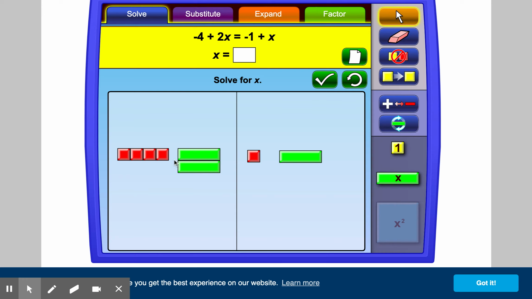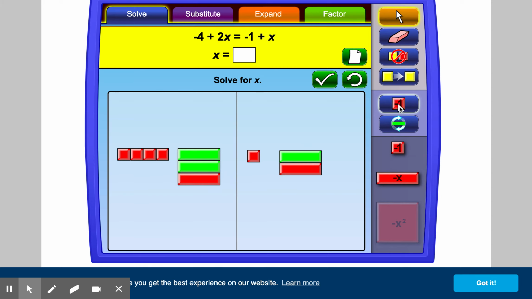I'm going to get my x's to be on the same side, right? So we're going to start with our x's. I'm going to have negatives. And because there is 1x here that's a positive, I'm going to add 1 there. Whatever I do to one side, I have to do the other. So add 1 there.